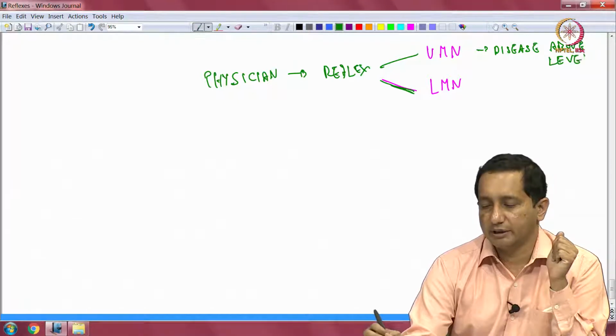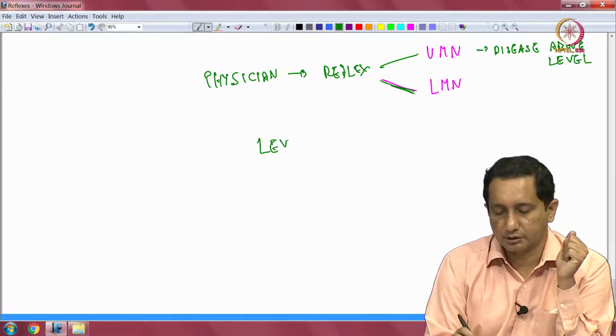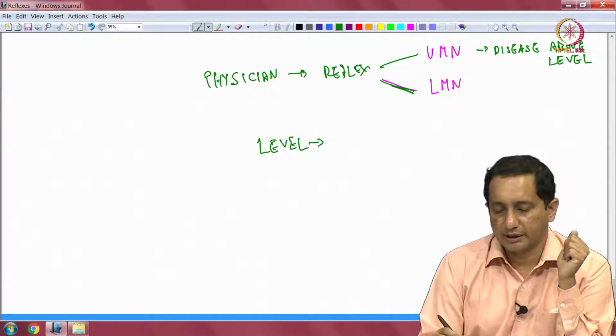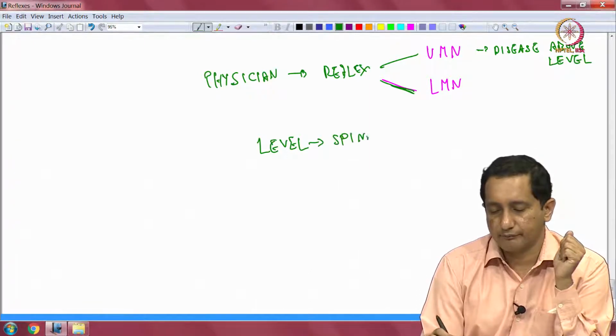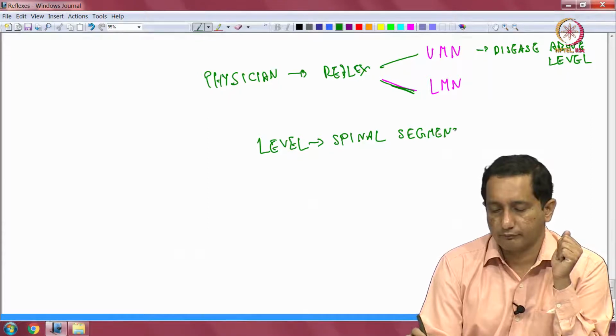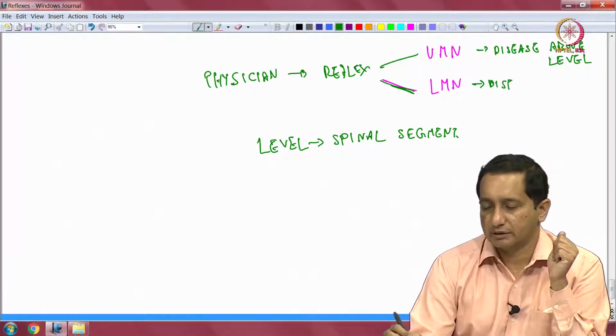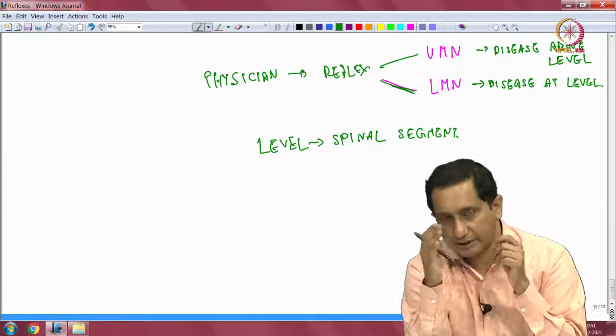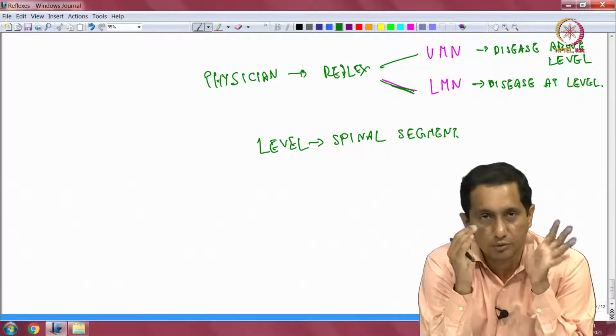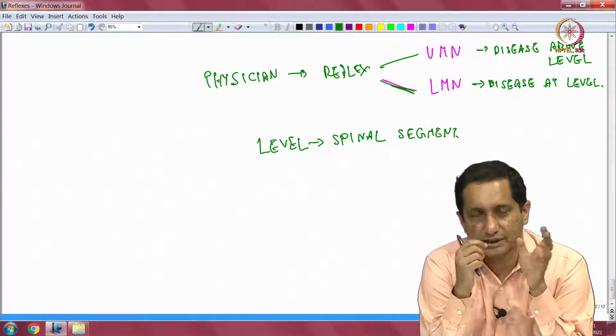When I mean level, it means a particular spinal segment. LMN refers to disease at the level. And that is only from analyzing the monosynaptic stretch reflexes.